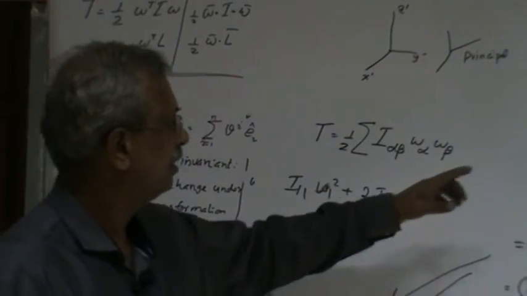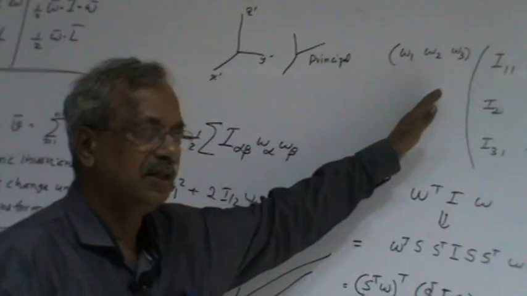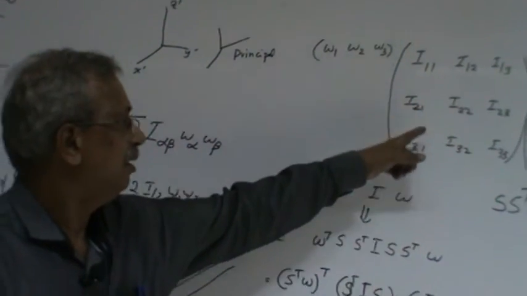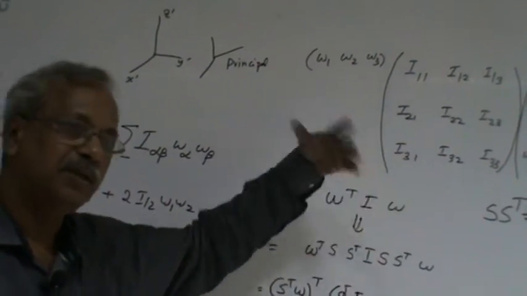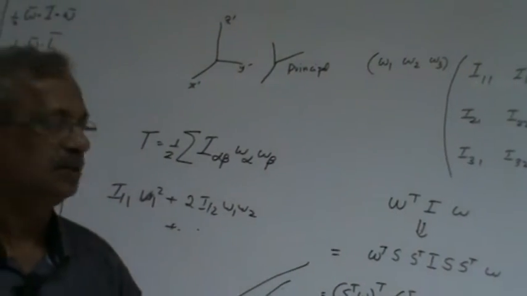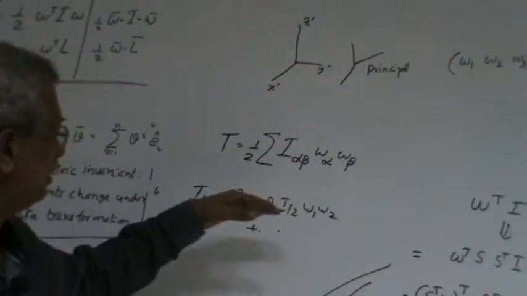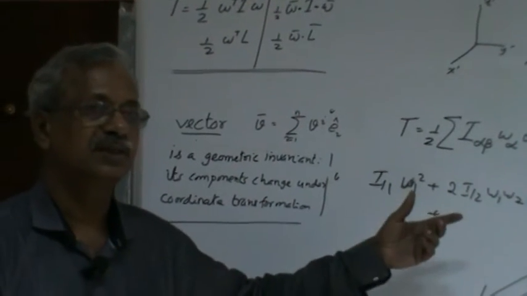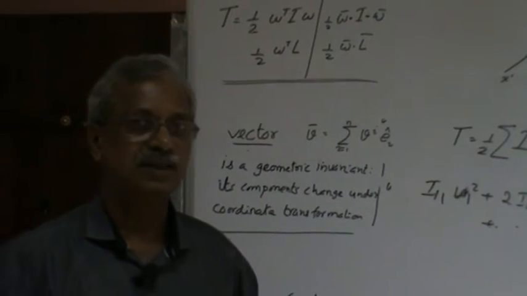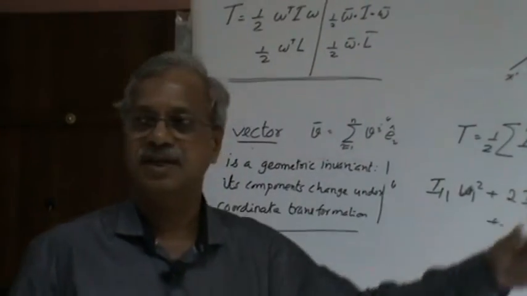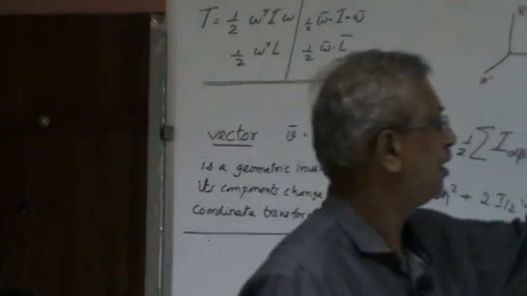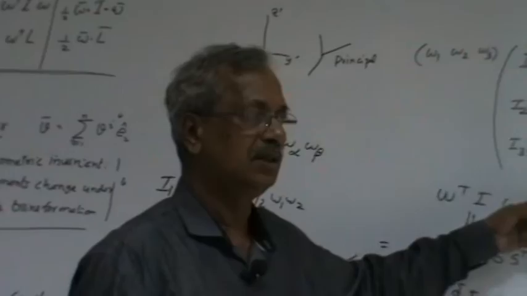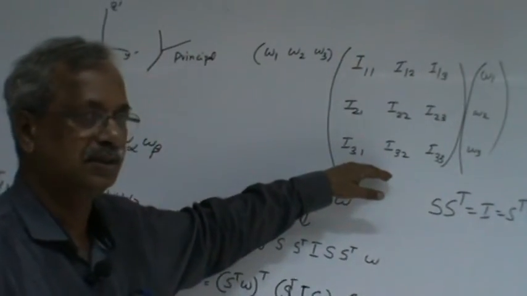The only thing is, when you look at the moment of inertia, it will not be in general diagonal. It may have some off-diagonal elements. So much so that the kinetic energy will have terms involving two frequencies at a time. Whereas, with that one as the base here now, because you know now what are the moment of inertia coefficients, now you ask, okay, let me diagonalize this one.